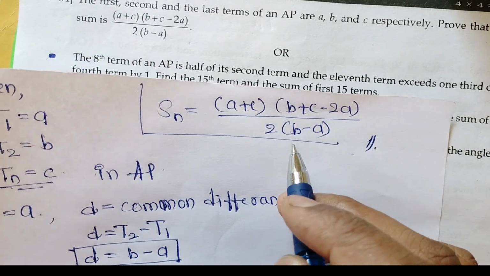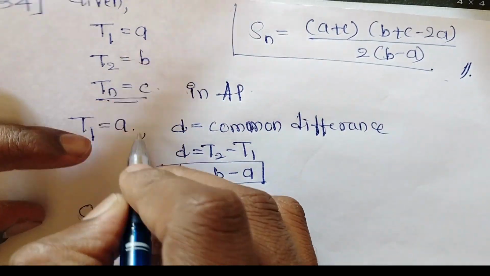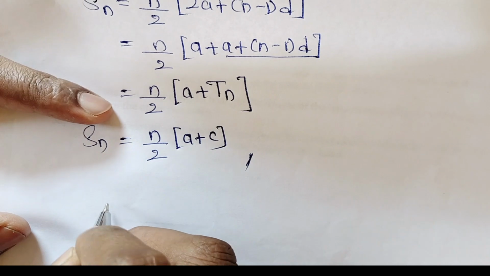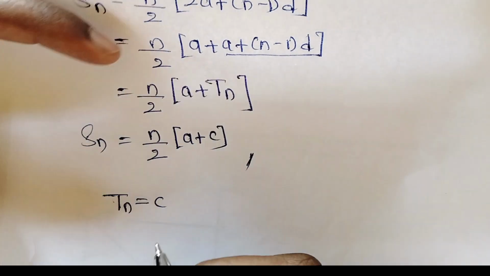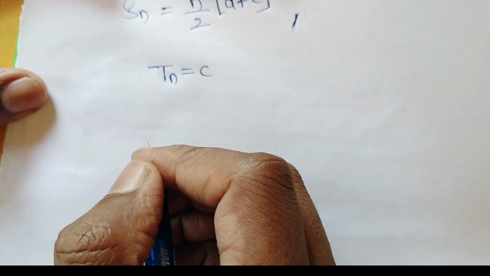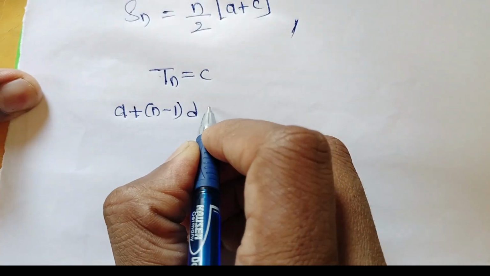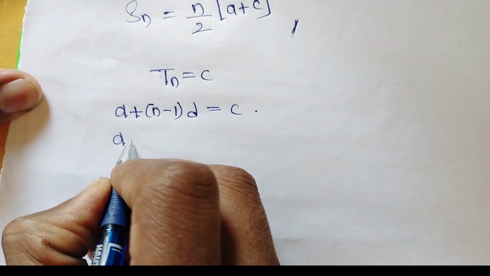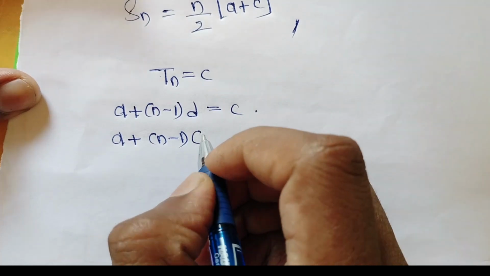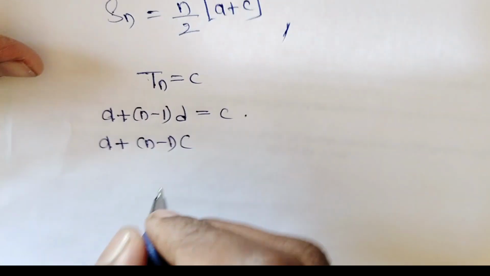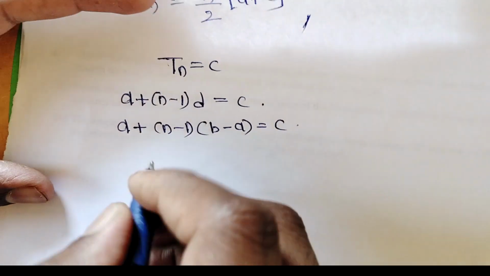So we have to find n. n can be found using the relation tn equals c. tn is given by a plus (n minus 1) into d equals c, and d here is b minus a. Substituting, a plus (n minus 1)(b minus a) equals c.